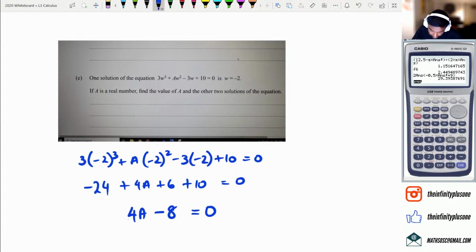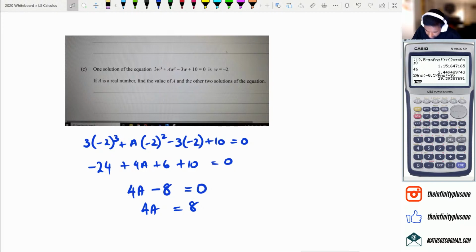Have I stuffed this up completely? Am I on the right track? Sorry, I was talking and stuffed this up. Does that look better? A equals 2. Anybody backing me on that? Sweet.